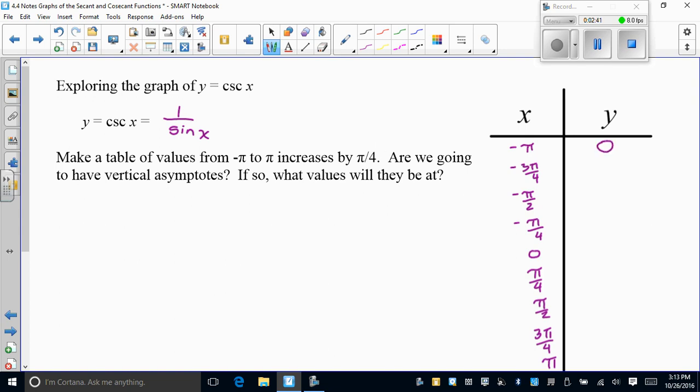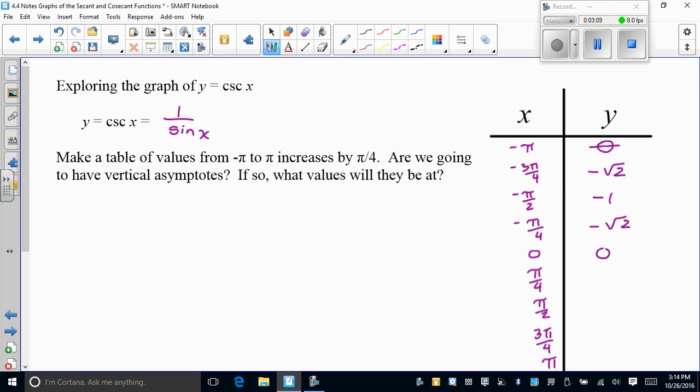At negative 3 pi over 4, sine is negative radical 2 over 2, so cosecant is negative radical 2. At negative pi over 2, sine is negative 1. At negative pi over 4, cosecant is still negative radical 2. And at 0, it's undefined.